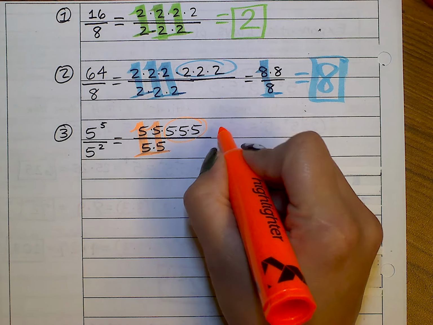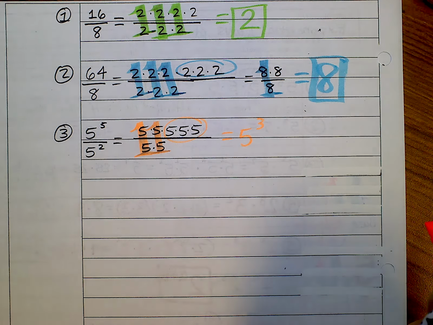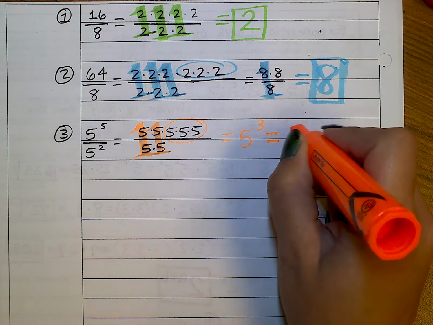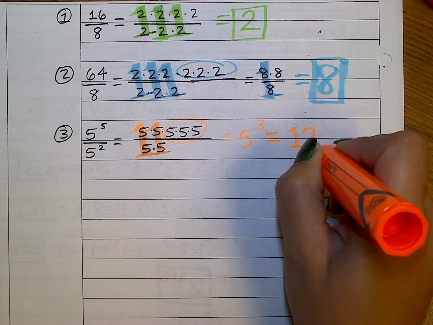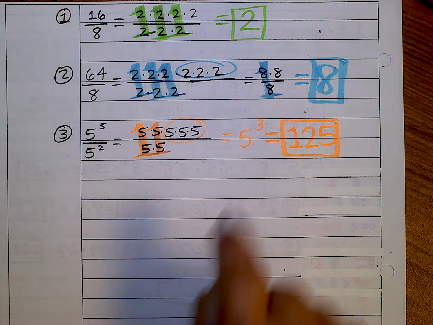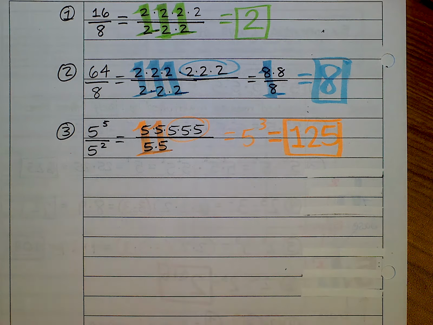That leaves me with just 5 cubed. Okay, well, 5 cubed, oh, we actually did that one before. That is 125. We're going to refer back to that in a bit.